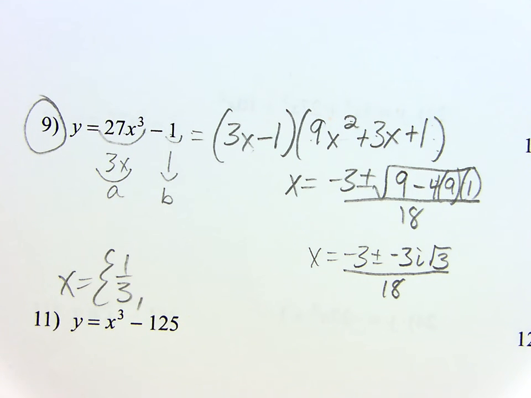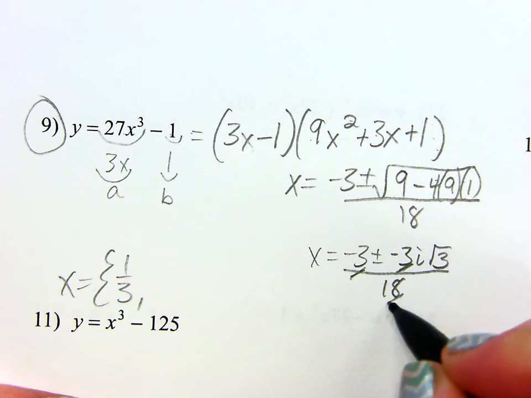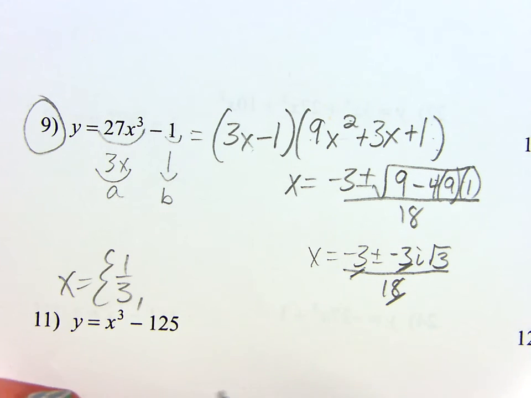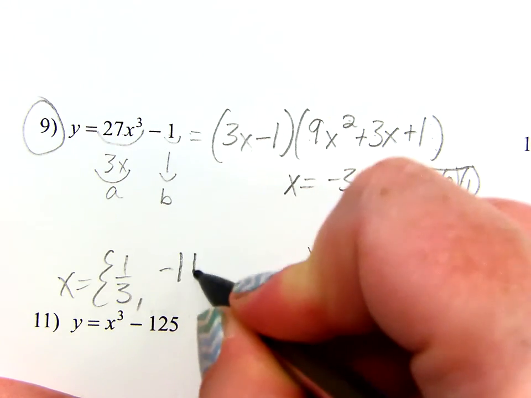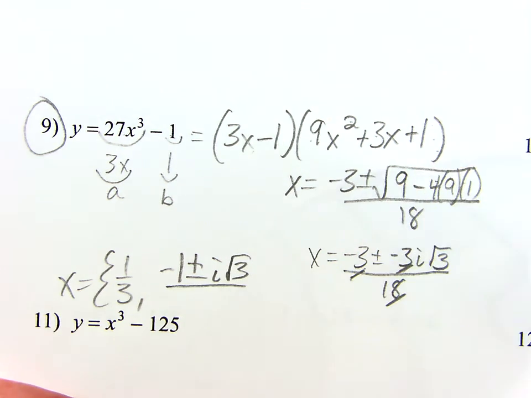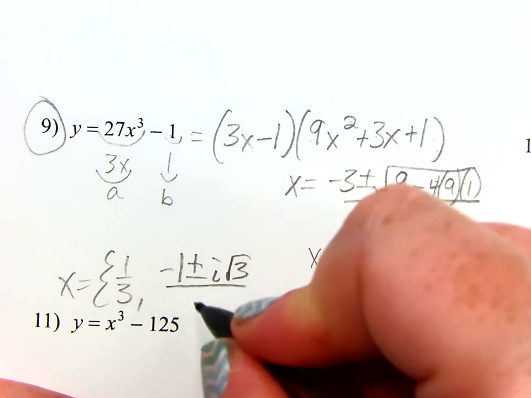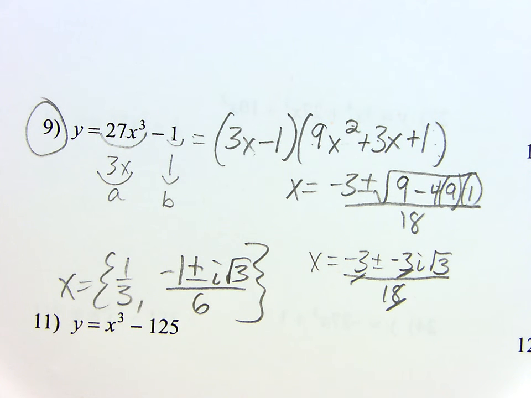It can be simplified, and it should be. So remember, if all 3 numbers out in front here have a common factor, you gotta divide by that common factor. And I can. So let's divide them all by 3. So it'll be a negative 1 plus or minus i root 3 all over 6. Looks good to me. What do you think?